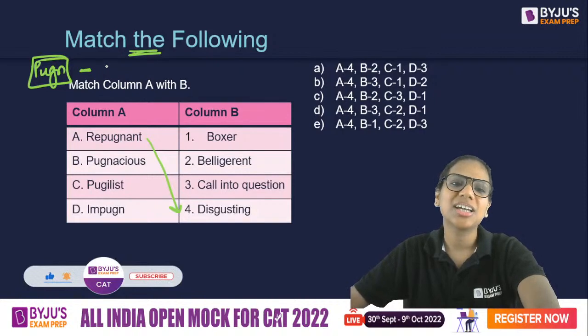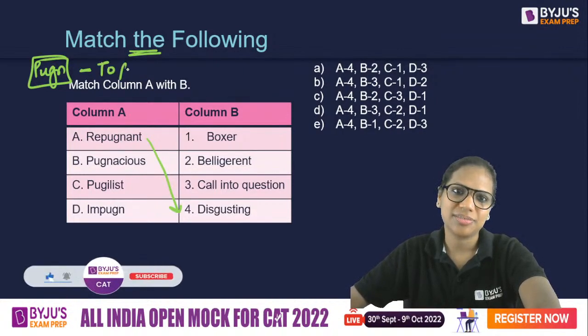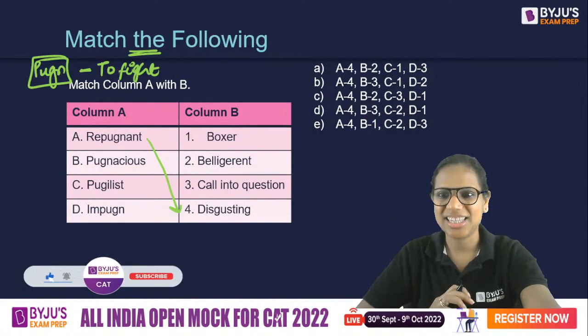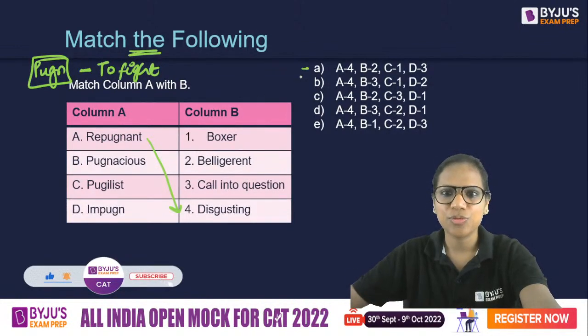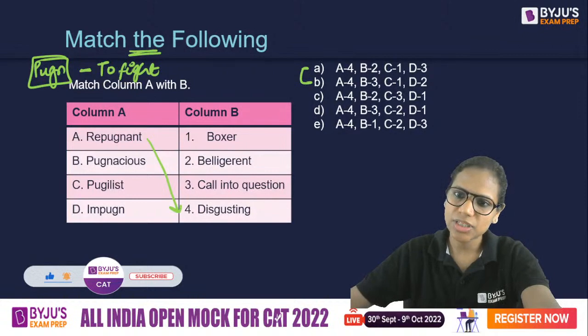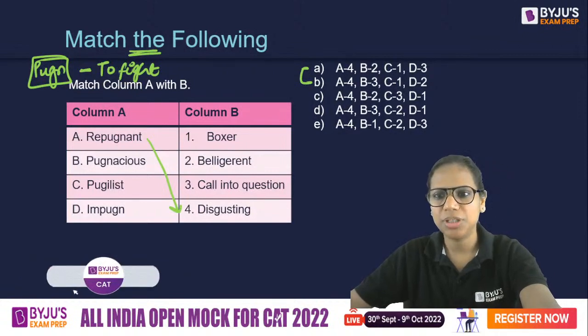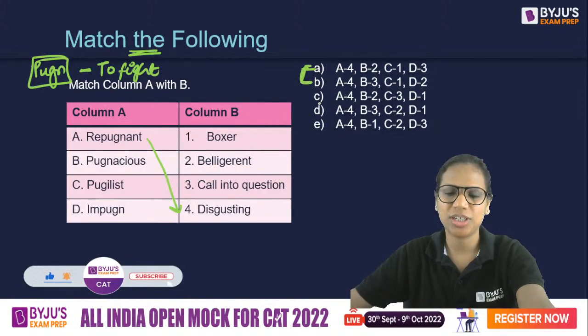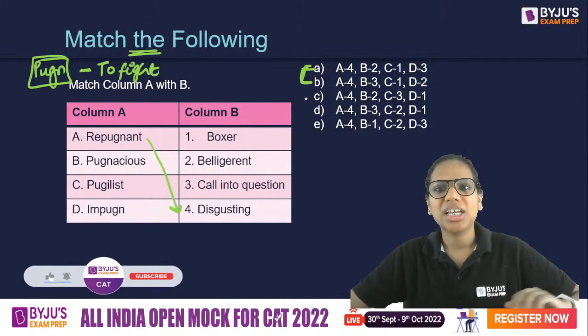Pug means to fight. Okay, from fist comes to fight. Yes, correct. A, B, all right. So some of you say A, some of you say B. Yes, face resembles a fist. Absolutely correct. So A versus B.